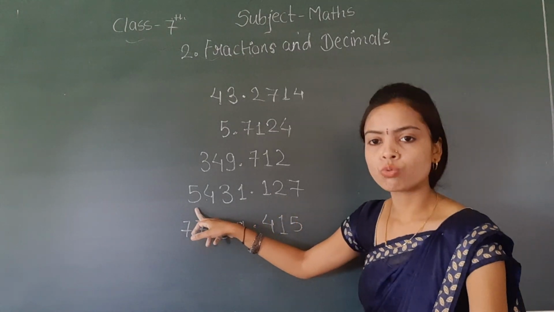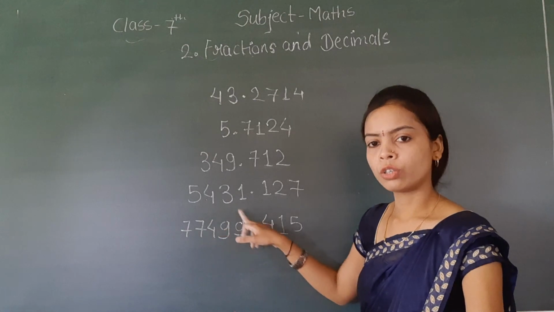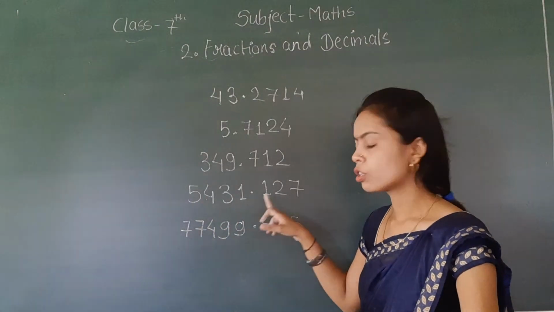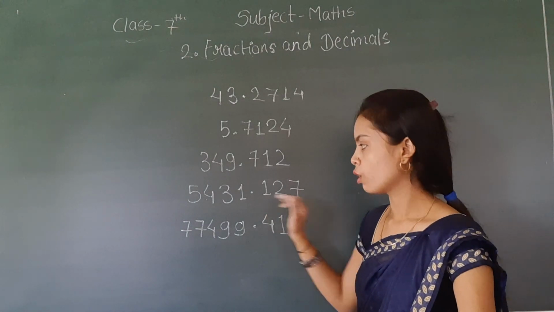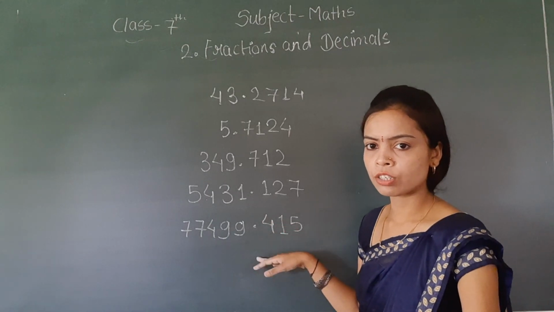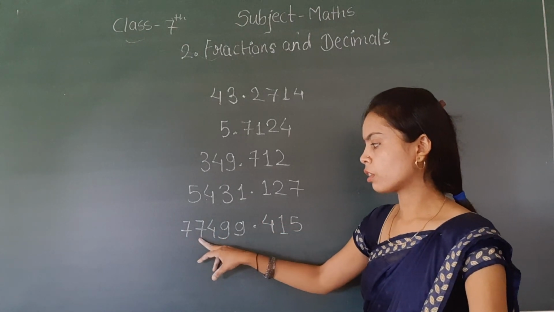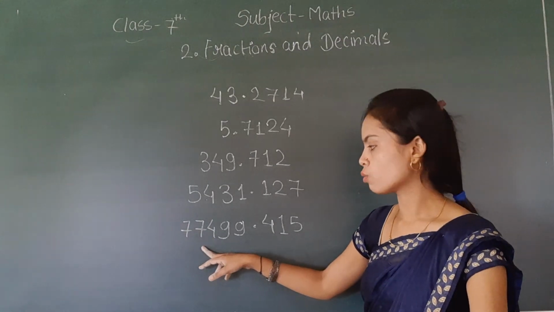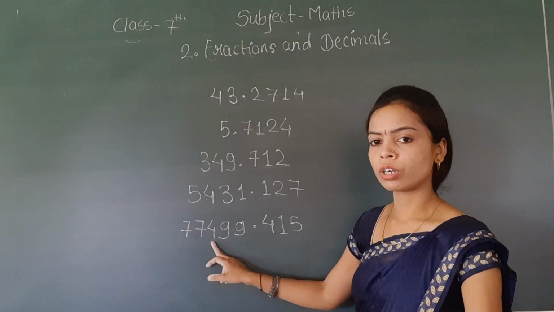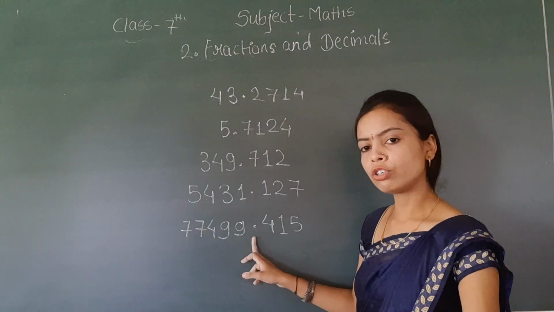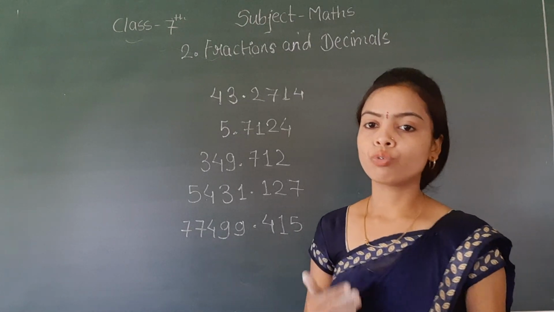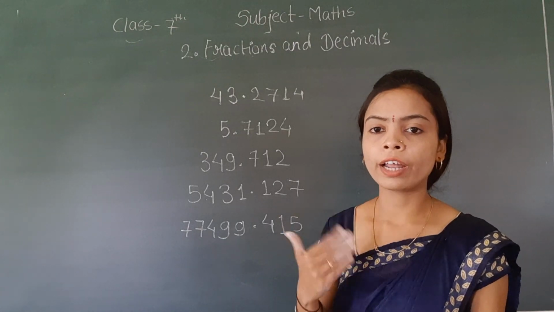Fourth number is 5431.127. The last number is 77,499.415.